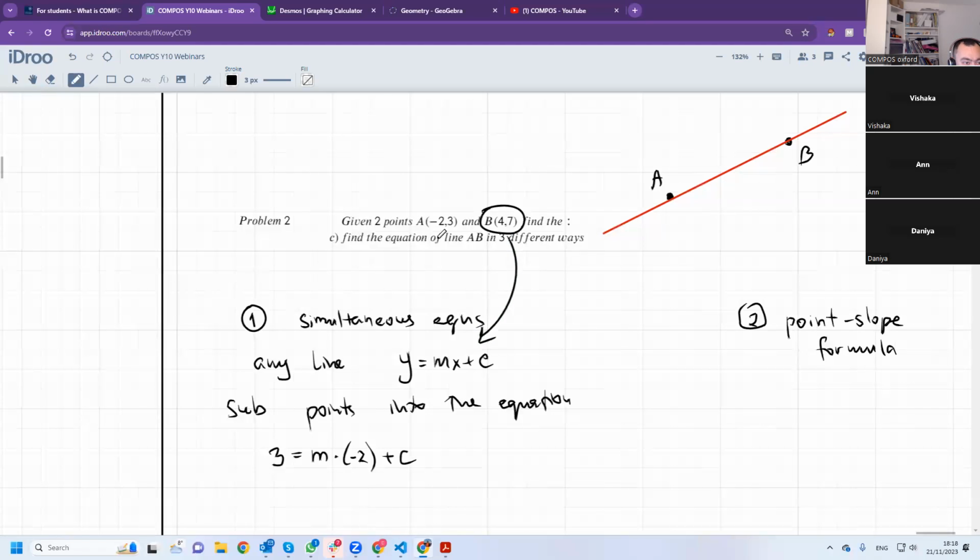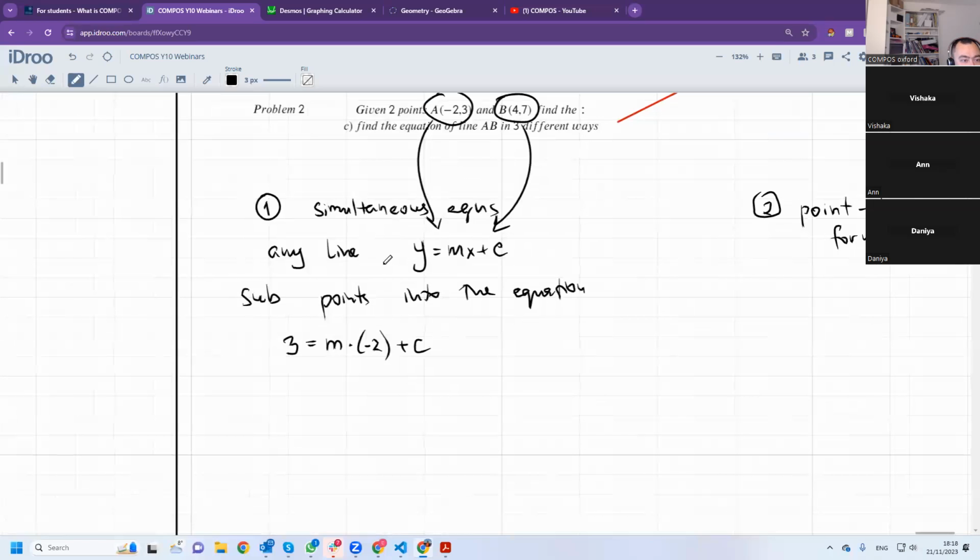Previously we did the same with A. We substitute B into the equation, so we get 7 equals m multiplied by 4 plus c. So we have two equations, two unknowns. So what can we do?